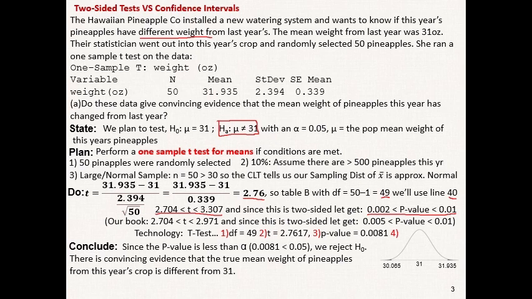The second thing we say is that we reject the null hypothesis. The third thing in our conclusion is that there is convincing evidence that the true mean weight of pineapples from this year's crop is different from 31. So again, you're taking the alternative hypothesis and saying it in words.